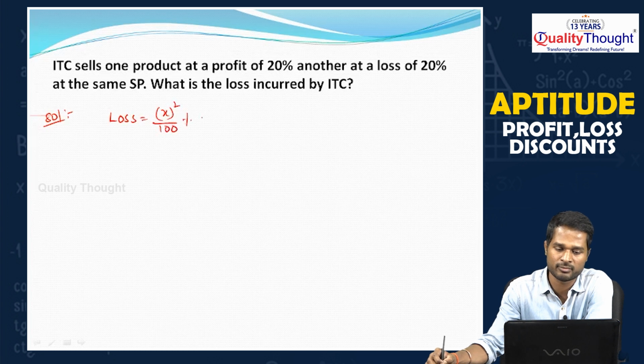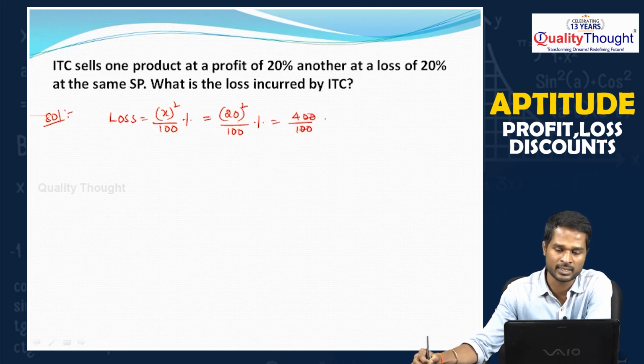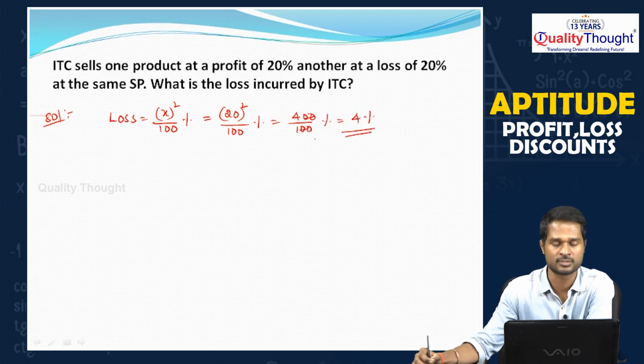So, this is 20 whole square by 100 percentage, that is 400 by 100 percentage, zeros will cancel, which gives 4 percentage as the loss.